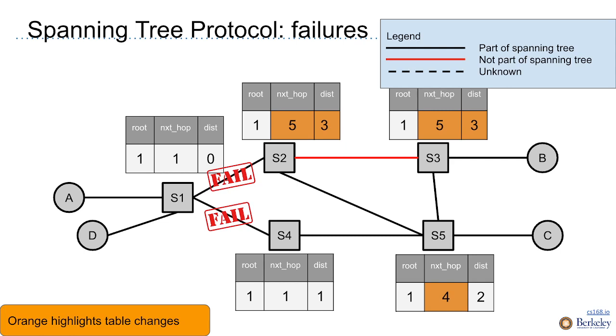And in the end, we are just going to have an equally valid spanning tree between those switches. But the spanning tree protocol just always prefers the other one. So that's also a characteristic of the protocol itself, that in the end we'll end up changing the spanning tree to this one.